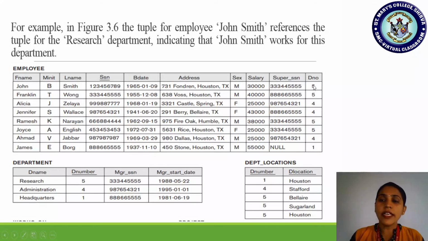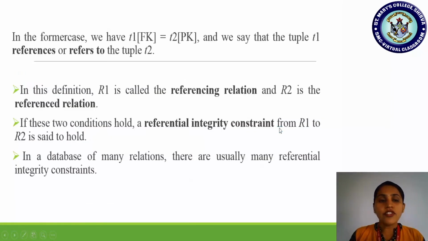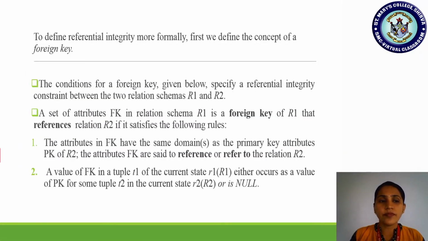So the DNO in a tuple of relation R1 acts as a primary key in one of the tuples in the department relation. If such a thing happens, only then is the foreign key constraint satisfied. And in the current state R2, it should exist, or it is null.